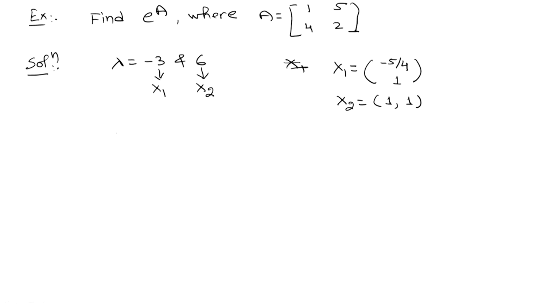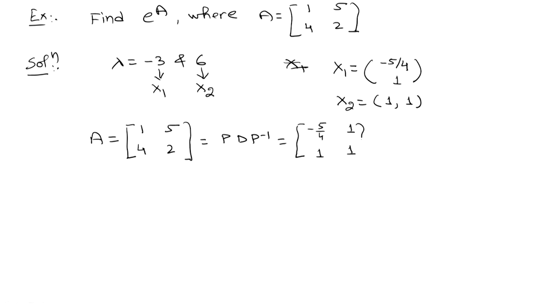So from here I can write the matrix A, which is 1 5 4 2, equals P D P inverse. Matrix P is -5 by 4 1 in the first column and 1 1 in the second column.